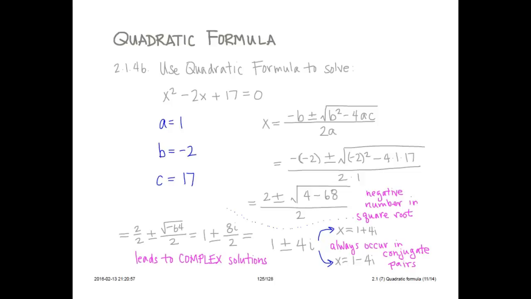If we get any complex number, we get two complex numbers. And those two complex numbers are related to each other. They are a conjugate pair. And if you look at how the quadratic formula is built to begin with, then you can see that that's going to have to be the case.